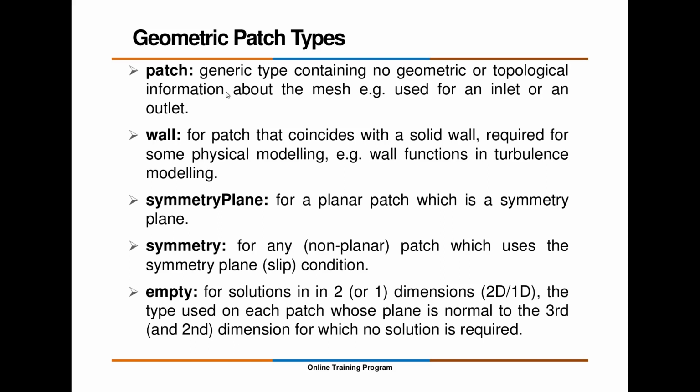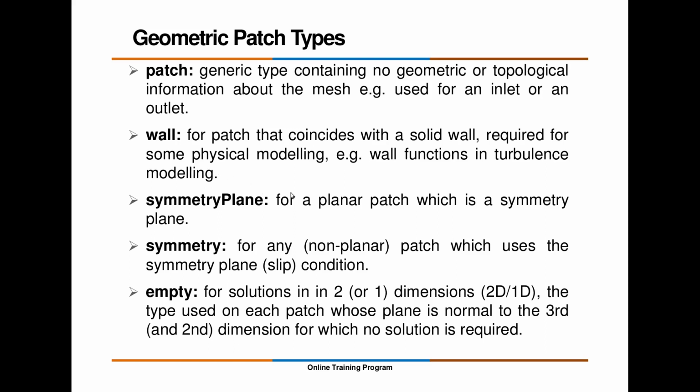At that point we go with a patch condition, and on the patch you have different options, like the inlet outlet type of conditions. Wall: for patches that coincide with a solid wall, required for some physical modeling like heat transfer, wall function applications, turbulence modeling. For all that purpose, this wall class of base type condition is supposed to be mentioned on so and so boundary inside the boundary file.